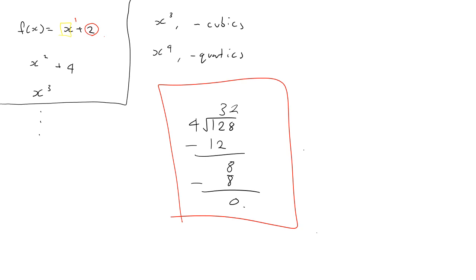Let's do an example. Let's say we had x squared plus 7x plus 11, and we're dividing that by x minus 2. We follow similar steps to the long division, but we're going to consider x and negative 2 as two different numbers.